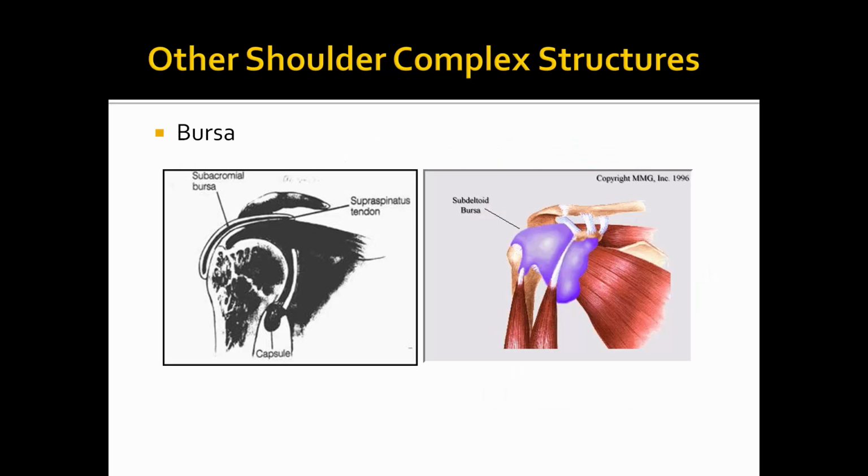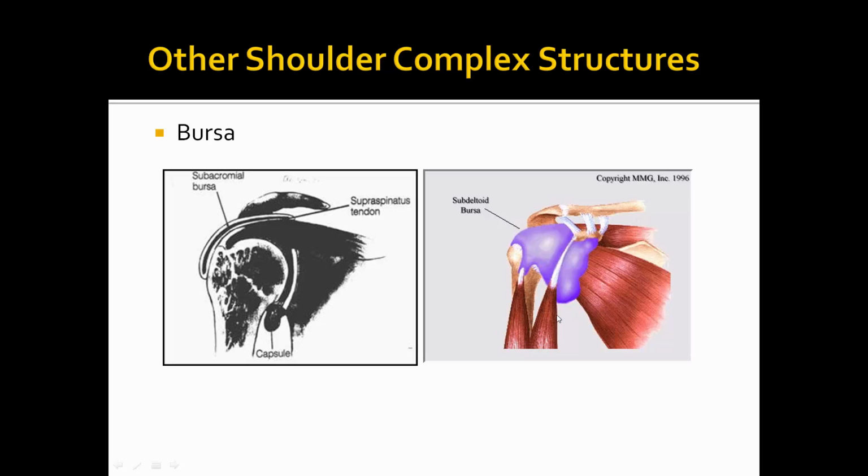Then you have bursa, similar to the other joints in the body, like we talked about, knee bursa, ankle bursa. It's this fluid-like structure that layers and acts as a lubricant to the joint, and you can get these inflamed, which we'll talk about with bursitis of the shoulder in a little bit. It's basically just there to reduce the friction between two things.